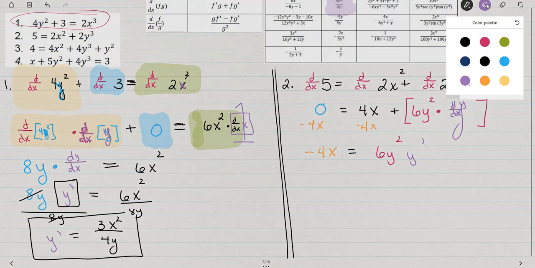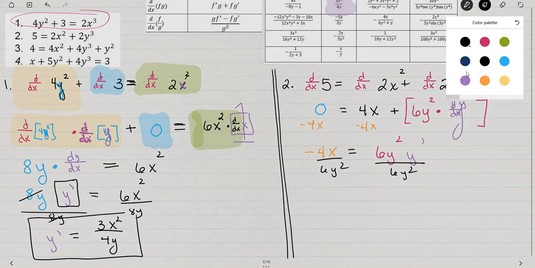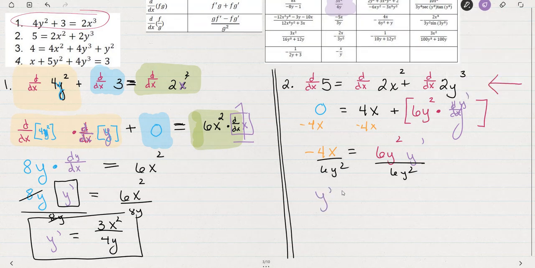And to solve for y prime, I can divide both sides by 6y squared. So I get that y prime is negative 4x over 6y squared, but notice that I can reduce by 2, so negative 2x over 3y squared, and you'll find that answer in the answer box.